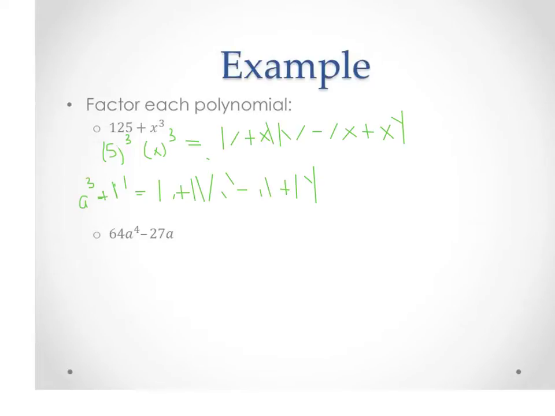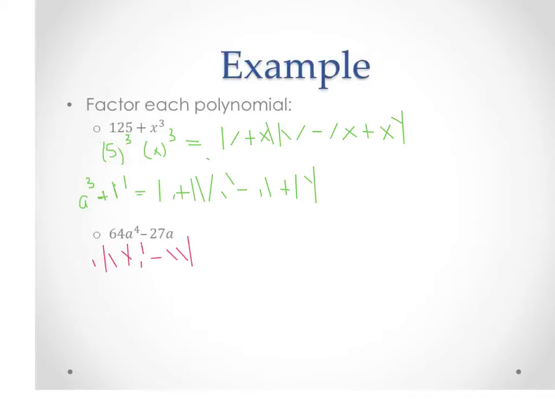So looking at the next one, okay, well, first of all, what do they have in common? They both have an a. So if we factor out that a, that'd be a greatest common factor. Remember, it has to stay there. It can't go away. You're looking at 64a cubed minus 27.